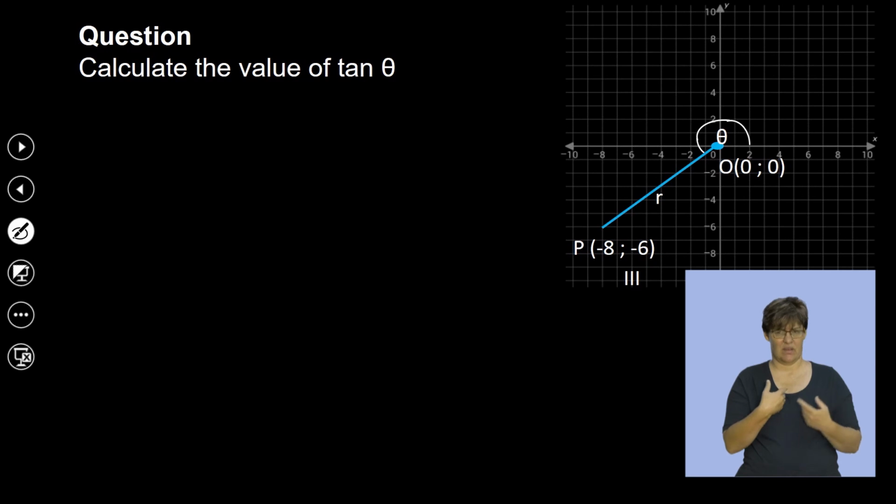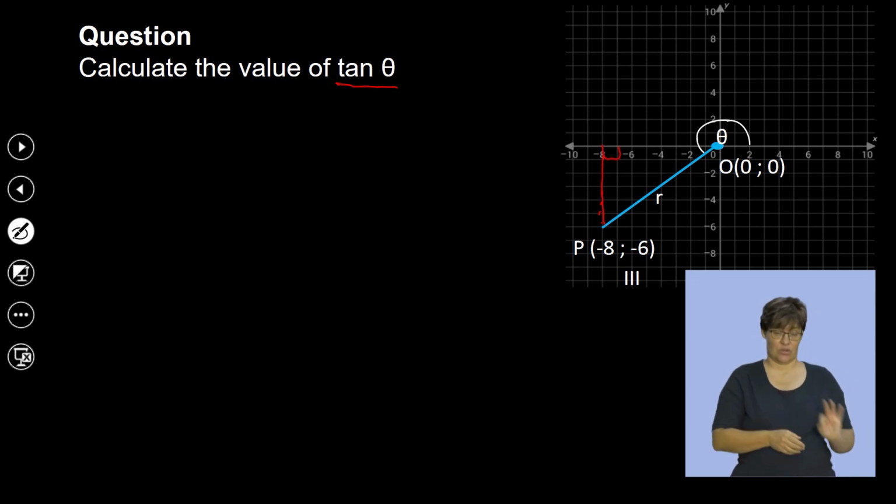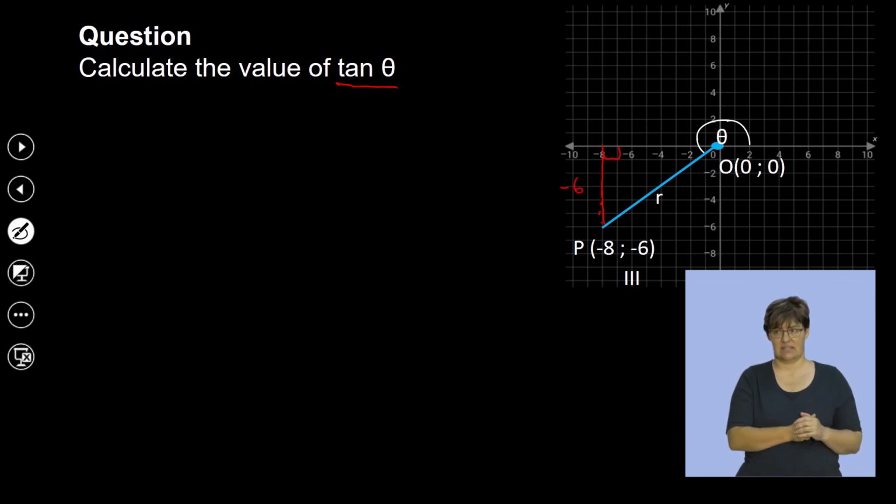If I want to find tan theta, remember that if I want to close my triangle, it will be me closing it in the third quadrant there, because that's where the -8 and the -6 is. Therefore, I am given this as -6, and I am given that as -8.